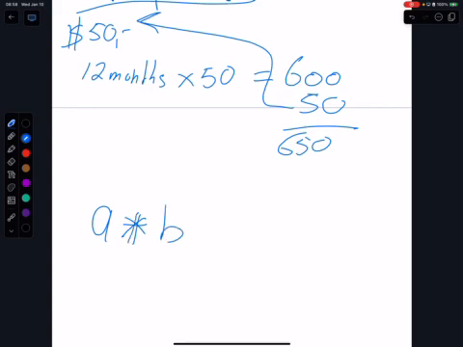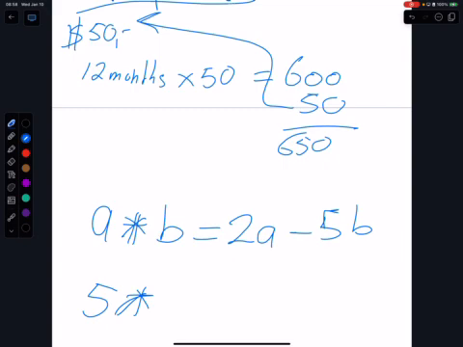A asterisk B equals 2A minus 5B, something like that. And then the question is 5 asterisk 3. Yes, correct, 2 times 5 subtracts 5 times 3, give the answer. Yes, that's binary operations.